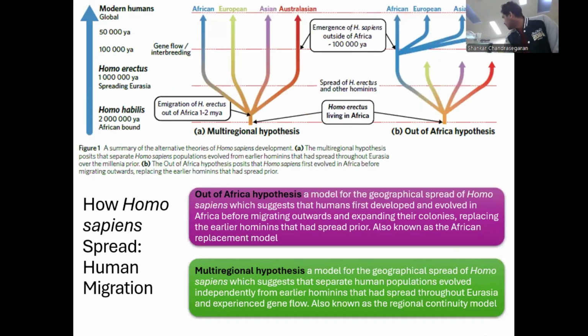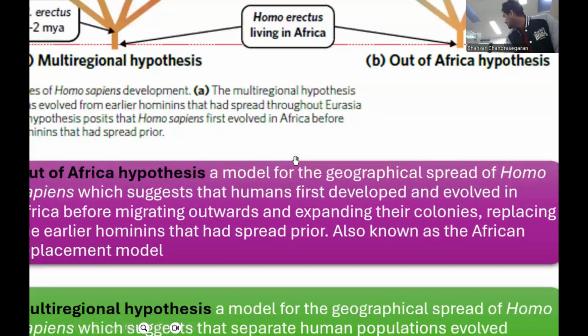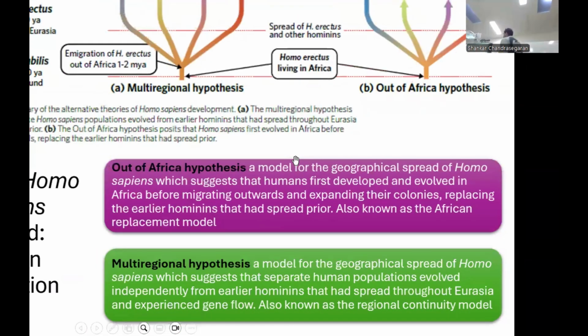Right, so this is talking about what each hypothesis is basically explaining. So the out of Africa hypothesis model shows that Homo sapiens first developed and evolved in Africa and were there for a certain amount of time, and only after that did they expand into different regions of the earth, actually spreading out, migrating, immigrating into different populations and eventually even replacing the earlier hominins that had spread there.